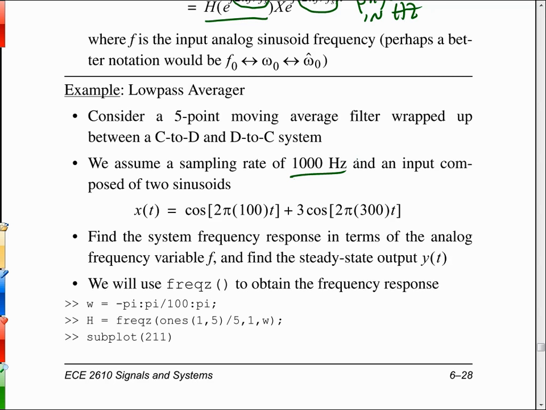The input has 2 sinusoids in it, a cosine at 100 hertz and a cosine at 300 hertz. The first cosine has an amplitude of 1, and the second one has an amplitude of 3. So the first thing we should ask ourselves is, are we going to have any aliasing issues?